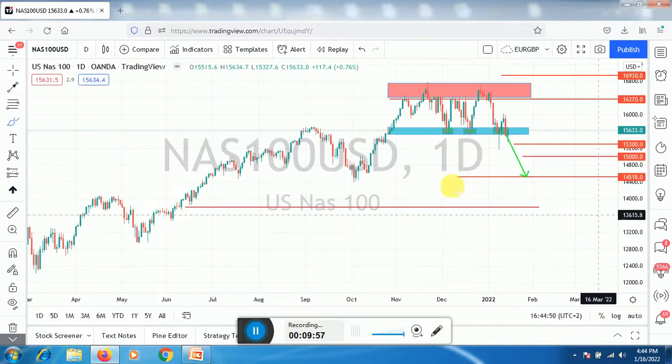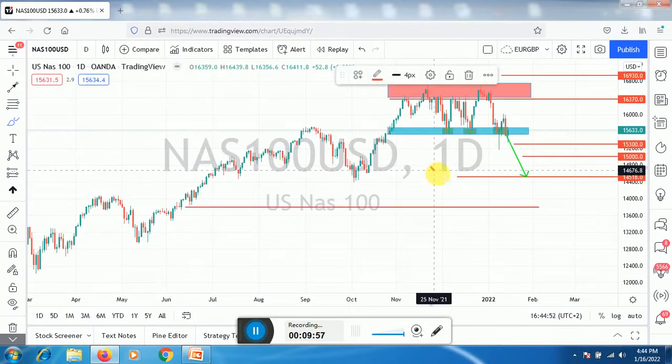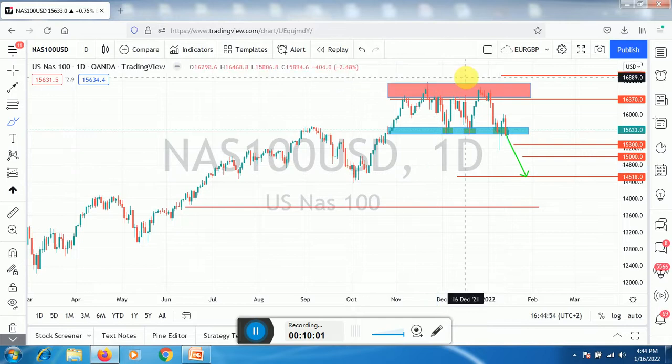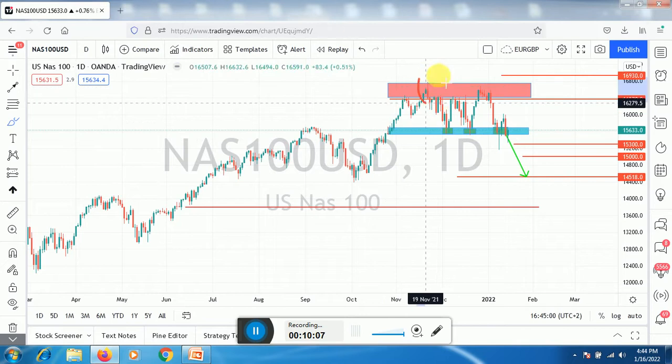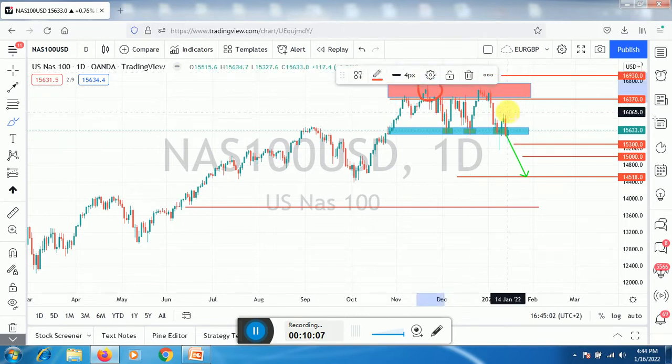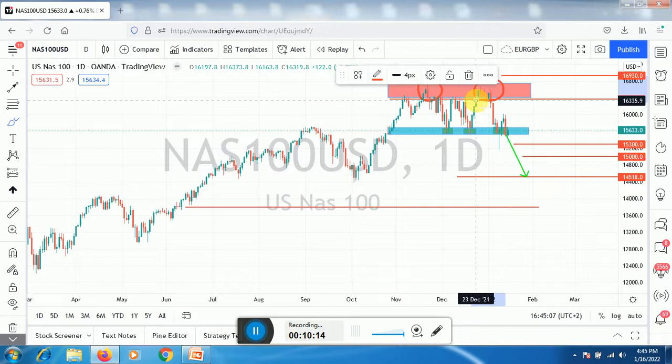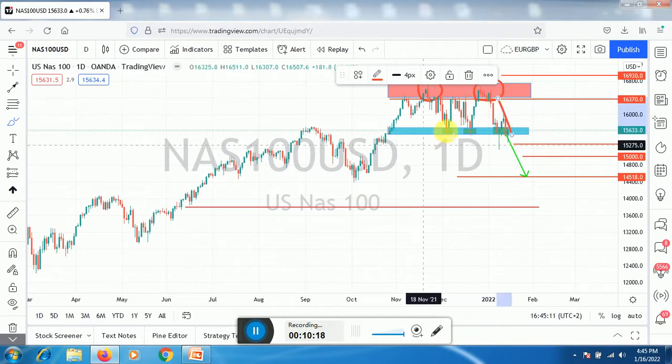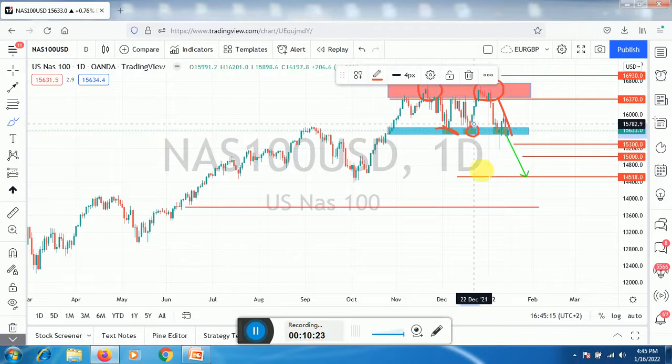So the structure here on ETHUSD again, you remember when we said that it made this double top. There was a top there, and then the second top right there, and then the market came back down, and this was the first retest of this level, the second retest of this level, and now it broke below the level and touched the 15300 level, right?